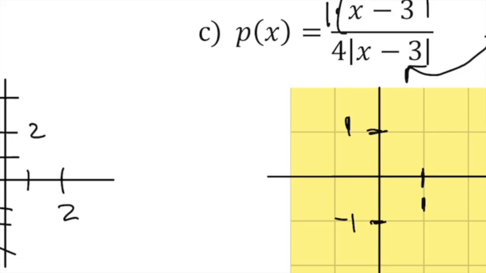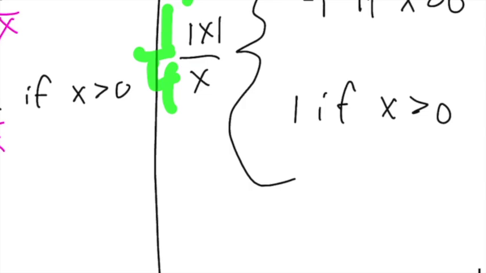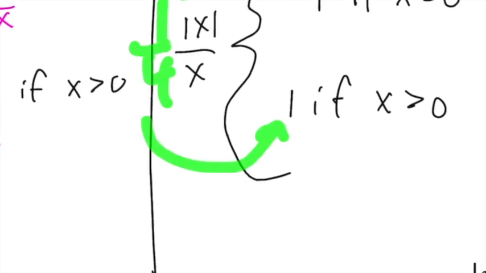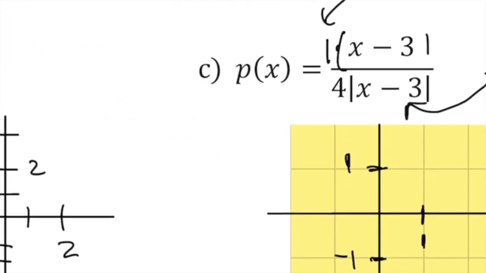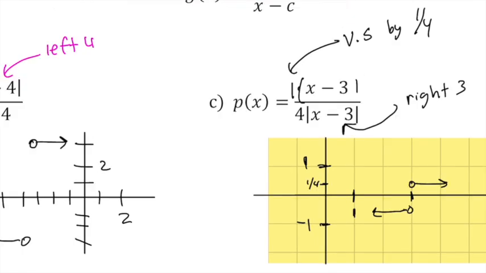So to here. Because again, we're moving right 3. But instead of getting multiplied by 4, we're multiplying this by 1/4. So this is going to be -1/4 and 1/4. Let me just erase that just so we know. And so there is my other function. And there you go.